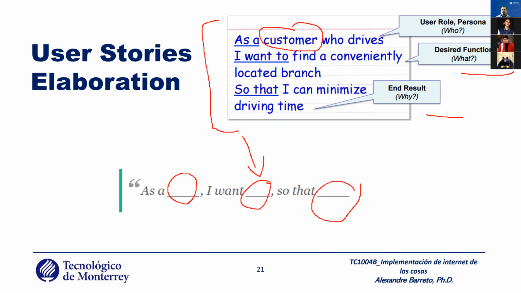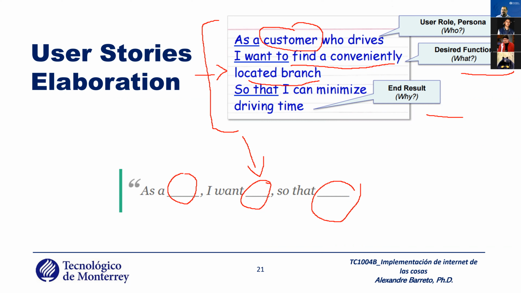Sorry, can you repeat the question? The question is, what do you need to implement in this user story here? In the sentence below, right? No, what you need to implement is a feature that enables you to find a conveniently located branch. Okay, for example, it's one requirement for a map system, for example a bank system.